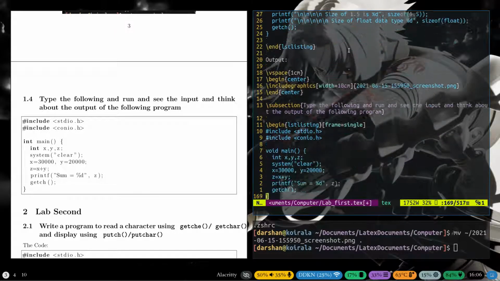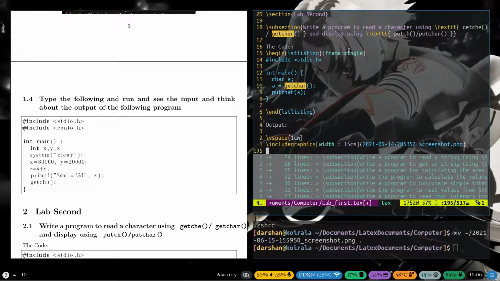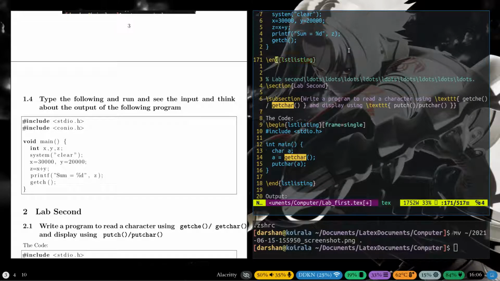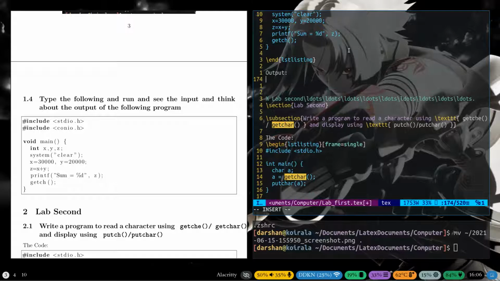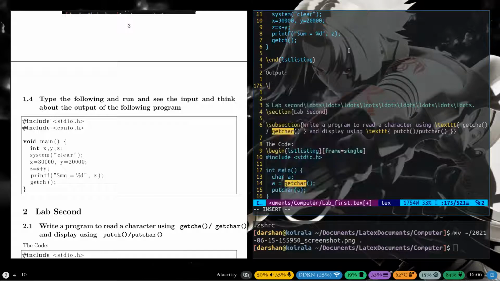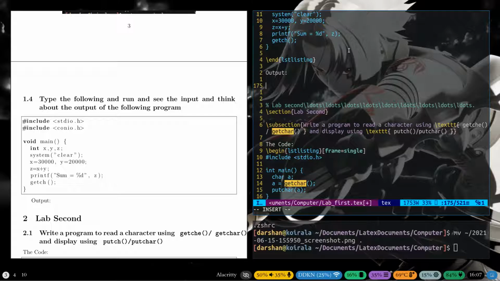Okay, it is going down there. Alright, and output is the listing. What is output? The output is, yeah, I have not copied it.